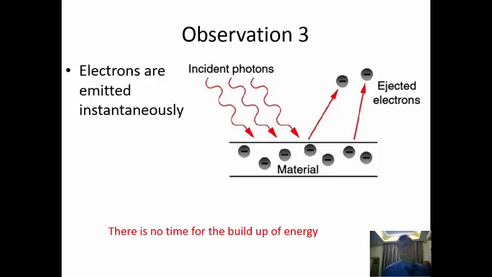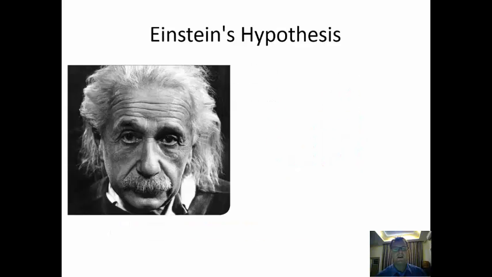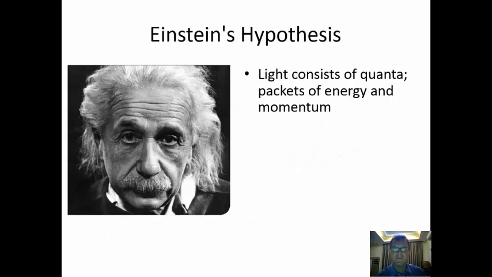So these are the observations and the thoughts, and they were put together by Einstein. He put forward some hypothesis. He said that this means that light consists of quanta, which are packets of energy and momentum.